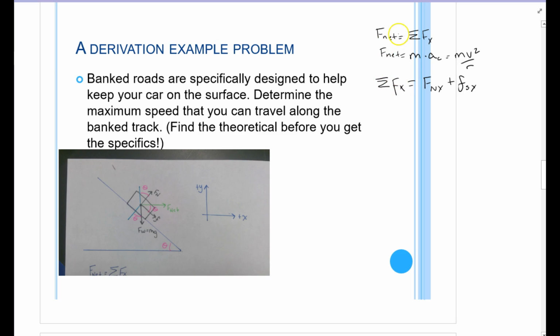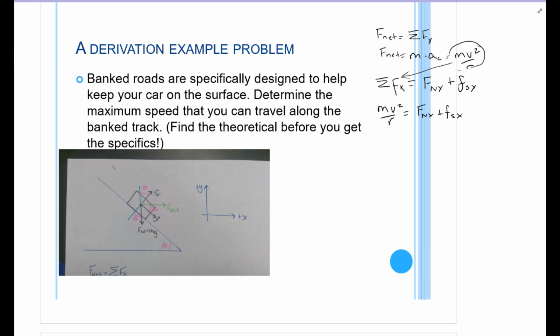We already established the fact that my F net is equal to my sum of forces in the X direction, and my F net is also equal to mv squared over r. So we're able to now plug this in over here. So my mv squared over r is equal to my sum of forces, that force of my normal that's in the X direction, and my amount of static friction that's in the X direction. Leaving my left-hand side alone, I'm going to start replacing my right-hand side with the information that I know.